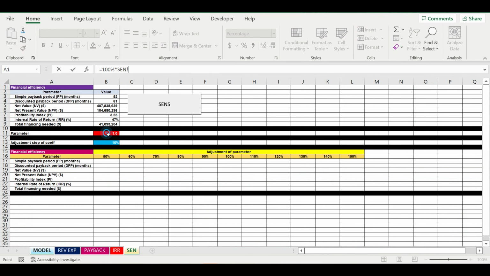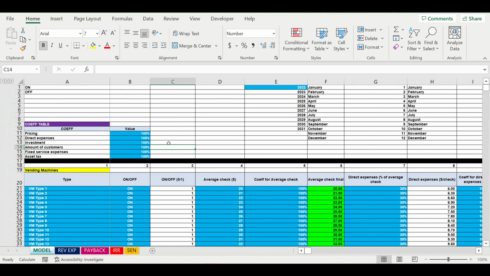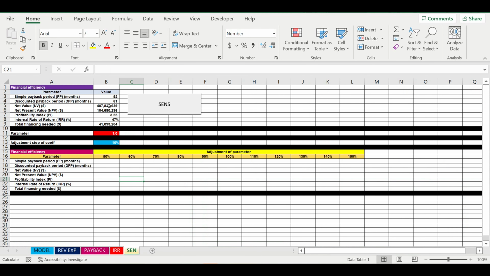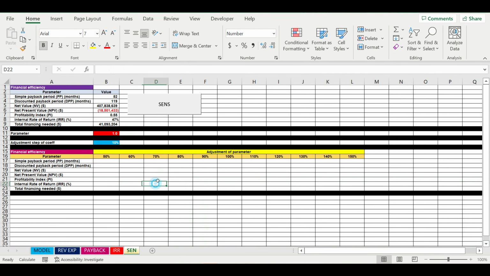Here, press enter, and now you can test what will be the financial efficiency if direct expenses go up or decrease. What will happen with net present value, simple and discounted payback period. You just press the sense button and see what will happen, how stable your business idea is. Let's do that.